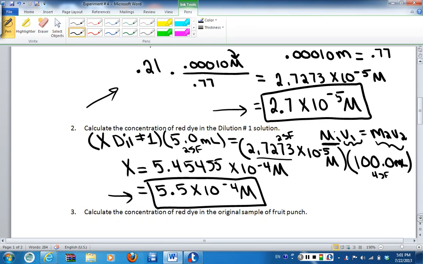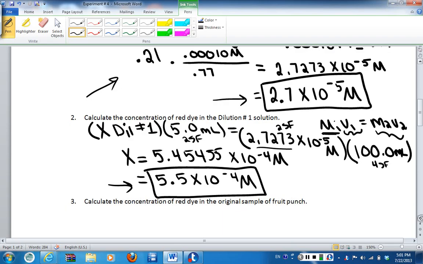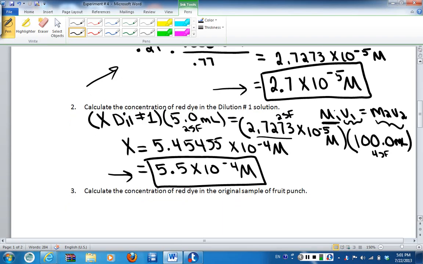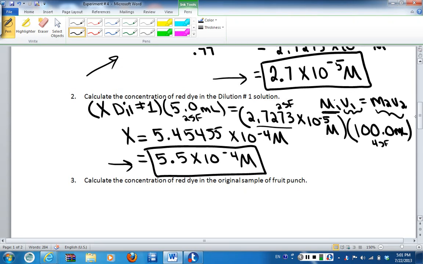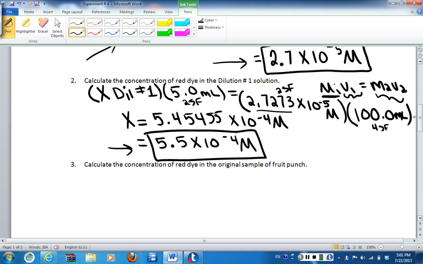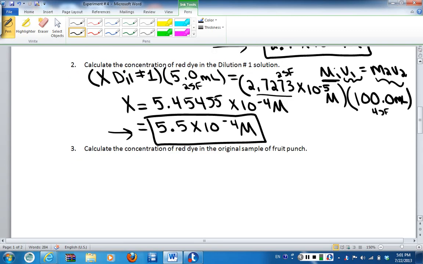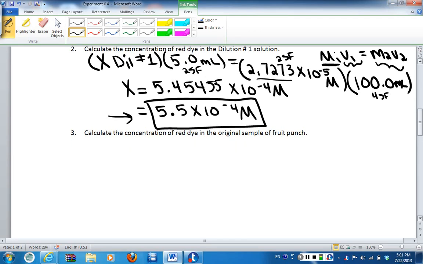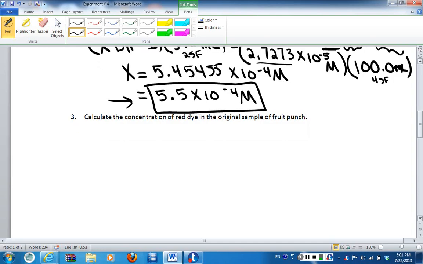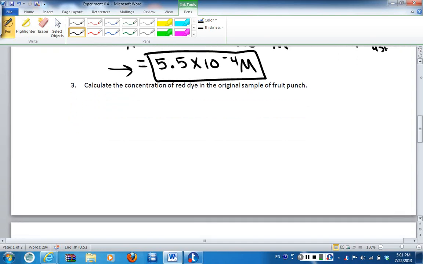So, the last part of your pre-lab question, and again, very similar to the calculations that you will do in your actual experiment, you will have to now calculate the concentration of red dye in the original sample of the fruit punch.